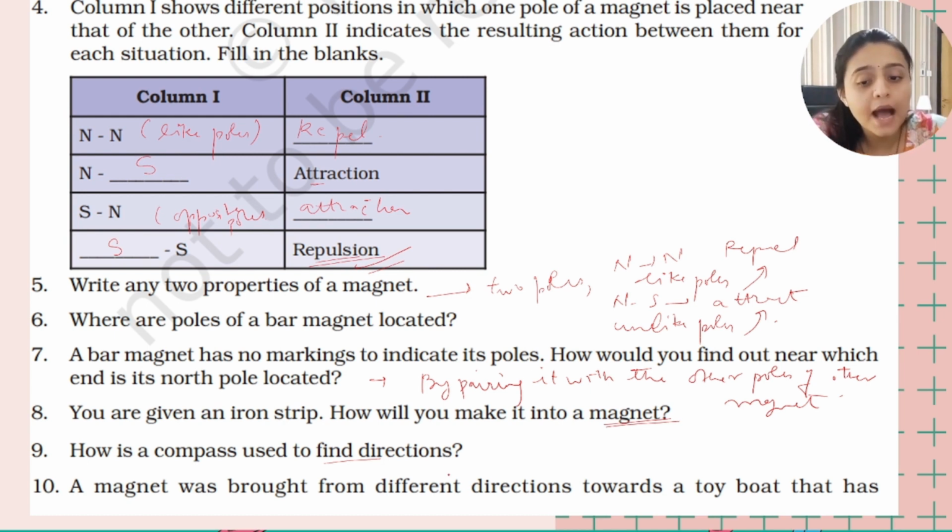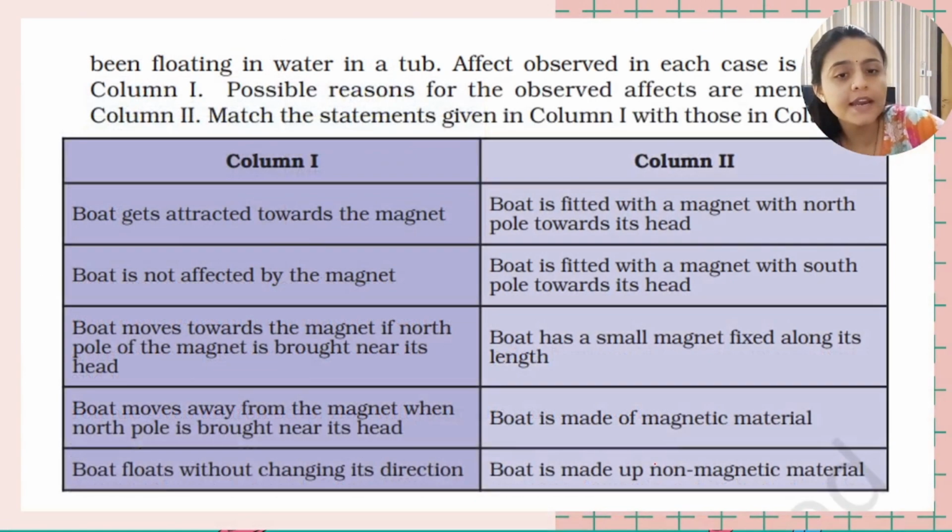We can see a magnet was brought from different directions towards a toy boat that has been floating in water in a tub. Effect observed in each case is stated in column 1. Possible reasons for the observed effects are mentioned in column 2. Match the statements. Boat gets attracted towards the magnet.